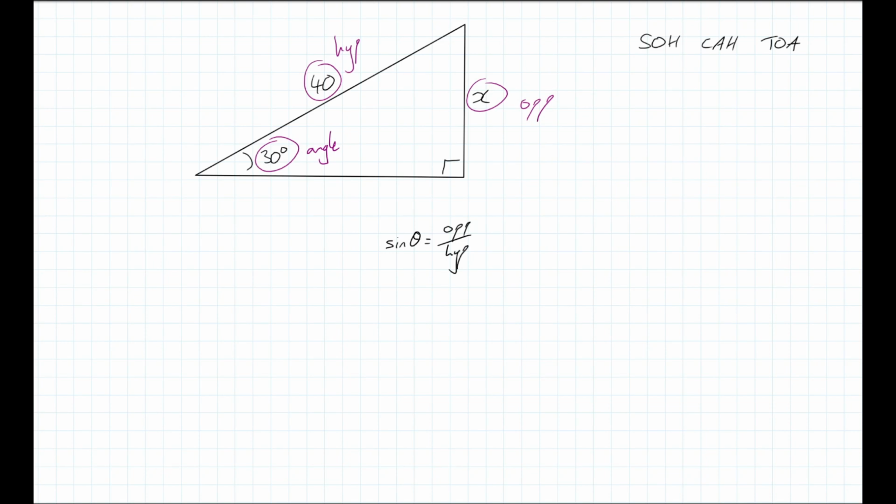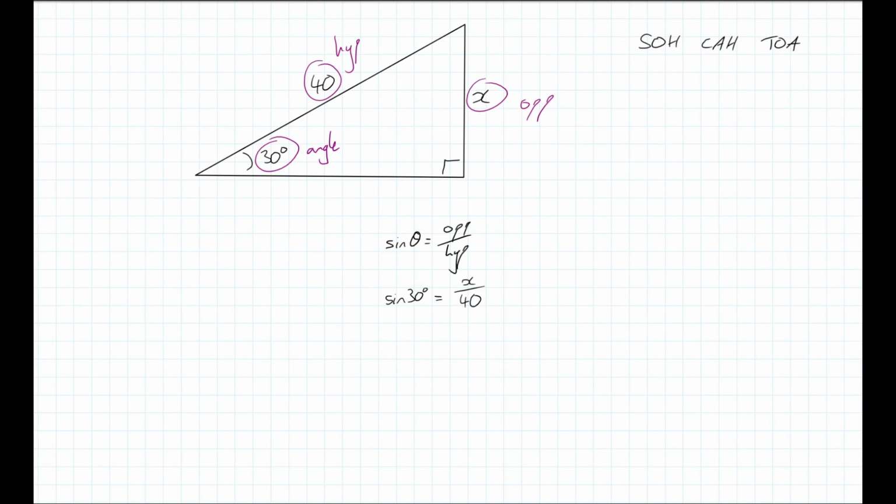So sine of the angle is equal to the opposite over the hypotenuse. Let's fill that in. Well, we know what the angle is. It's 30 degrees. We don't know what the opposite side is, but we want to call it x, and that's what we want to find out. And we know that the hypotenuse is 40.